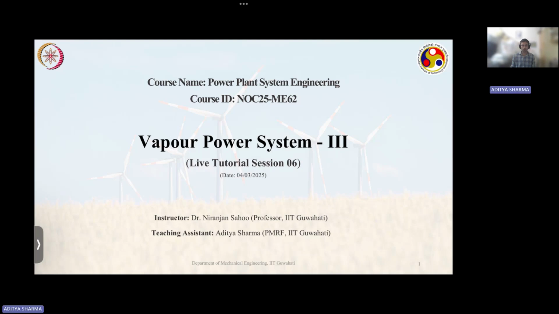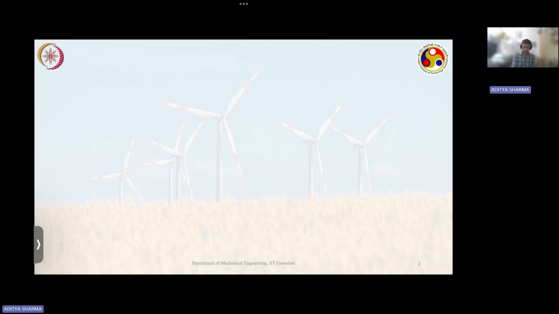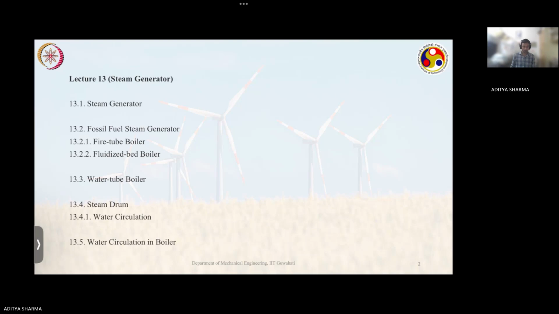So we shall start from lecture number 13, that is steam generator. Okay, and the session will go on as we have been doing in previous sessions, in the same way.